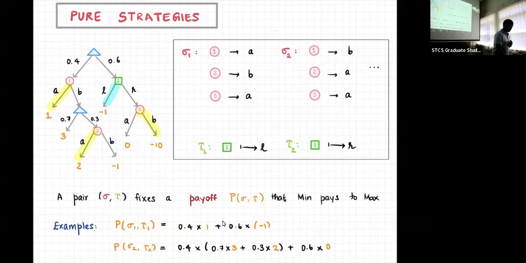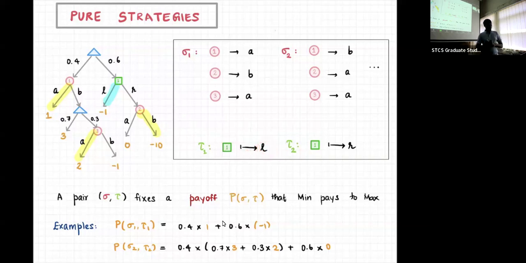For instance, the maximizer has three nodes, and from each of them he has two choices, A or B. A pure strategy just fixes one particular action from each node. So it says that from 1 you do this, from 2 you do this, from 3 you do this. Similarly, for the minimizer, there's only one node, and the minimizer strategy just chooses one particular action from this.